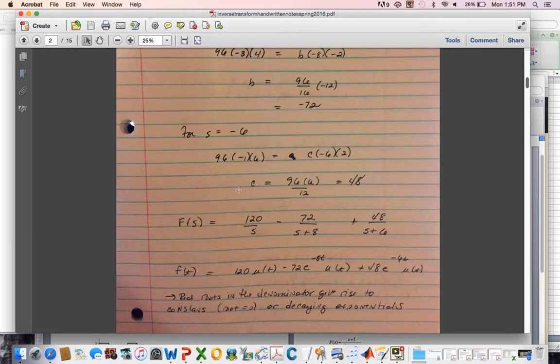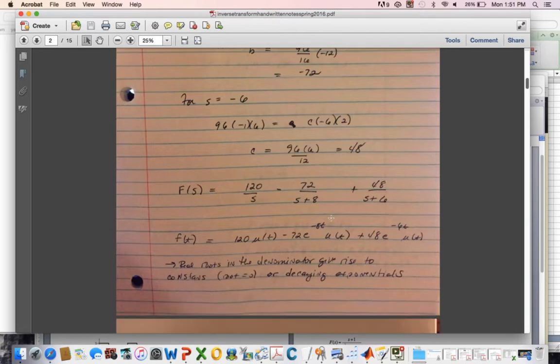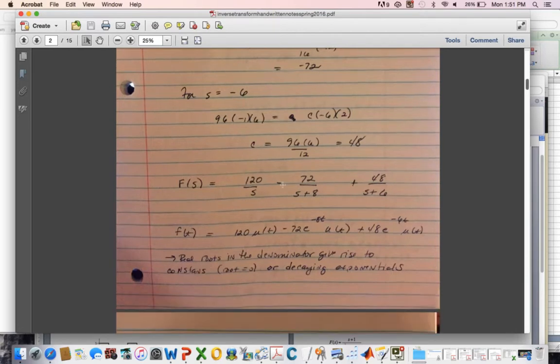And now it's relatively easy to take the inverse transform term by term, because at this point we have each term representing something that is easily found in the table. So real roots in the denominator of an expression in S result in either constants or decaying exponentials.